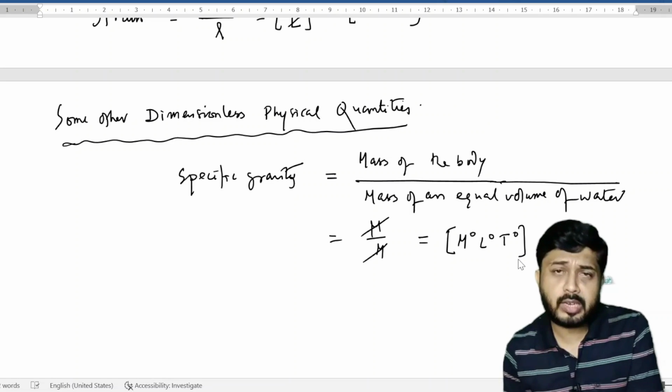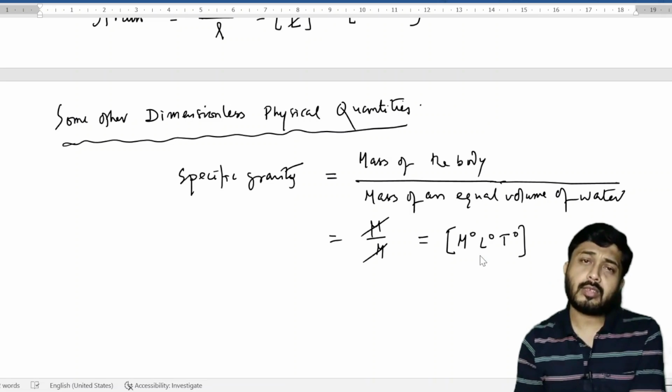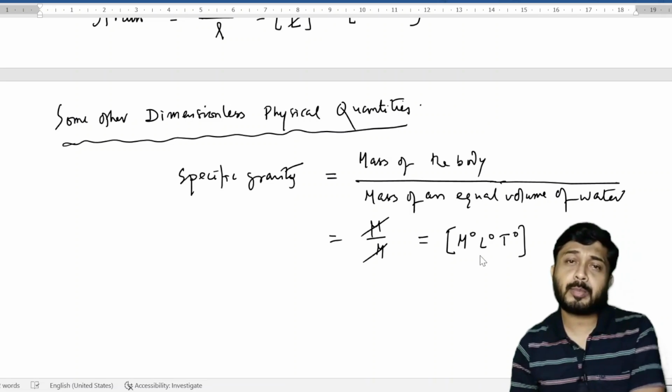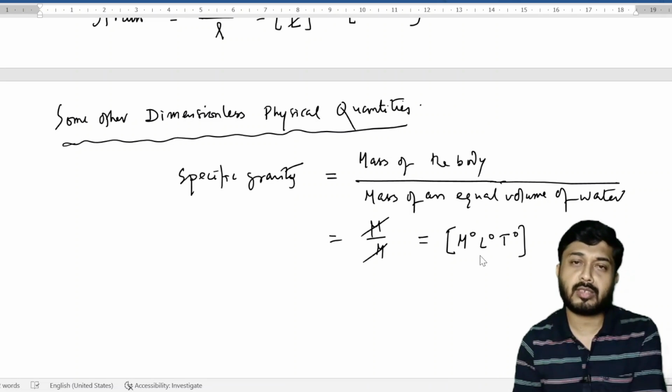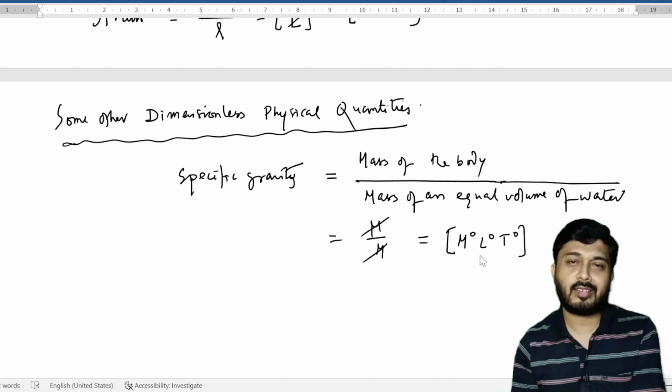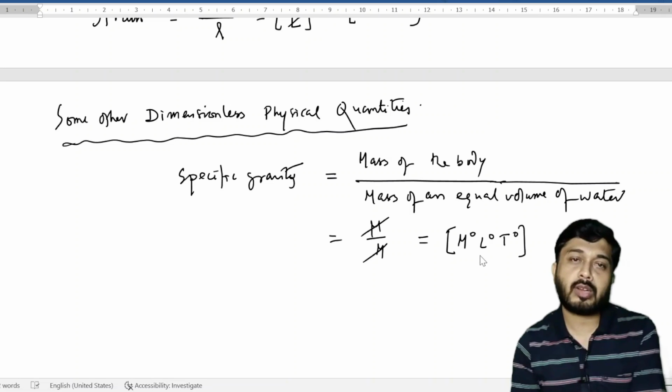If we are to write the dimensional formula somehow, then we have to write it this way, or else we may simply declare that specific gravity is a dimensionless quantity. It has no dimension, it has no unit as well. Okay, dimensionless as well as unitless quantity.